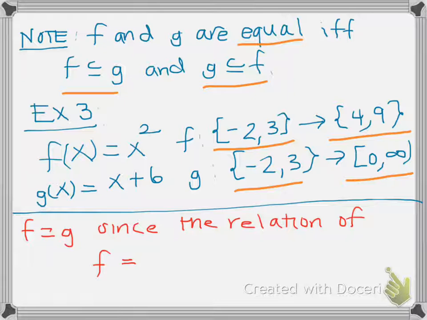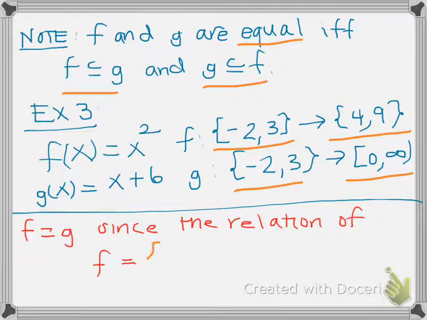But the codomain is the interval including 0 to infinity. Okay. And it may not look as though these two functions are equal, but if we look at the domain and range, well, the domains are the same, right? They're the set containing negative 2 and 3.